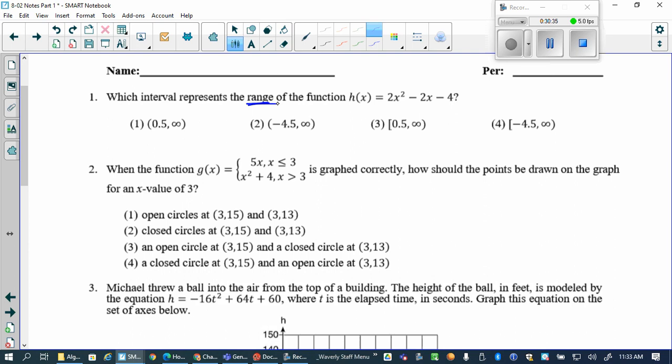All the y values. So wouldn't it be nice to know, first of all, is this thing going to be concave up or concave down? Up. Wouldn't it be nice to know the coordinates of the vertex? Right?